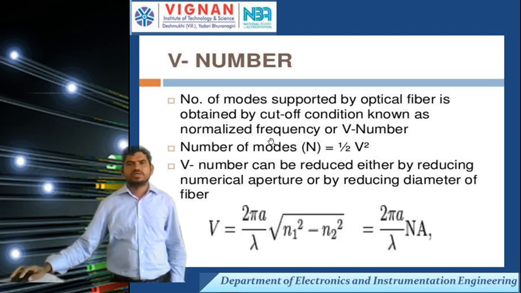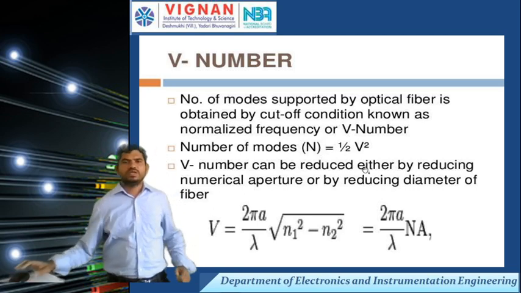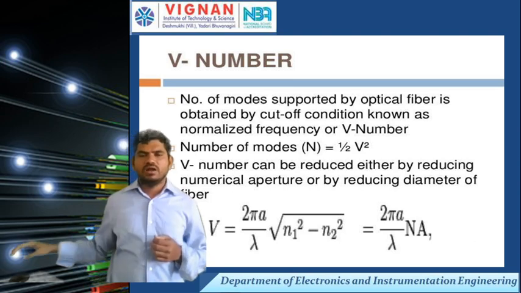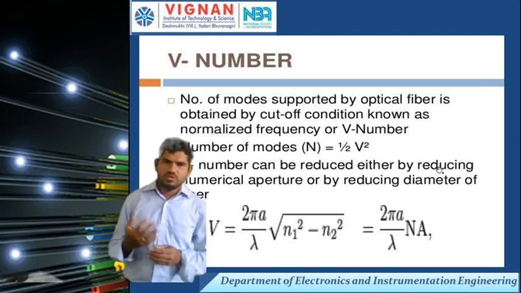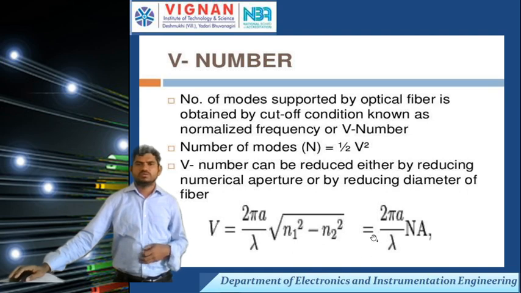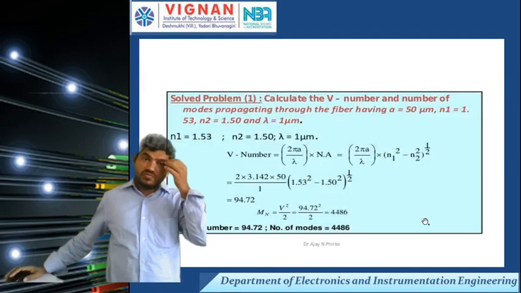The V number can be reduced either by reducing the numerical aperture or by reducing the diameter of the fiber. V is equal to 2 pi a by lambda into numerical aperture. Now this is about the V number.